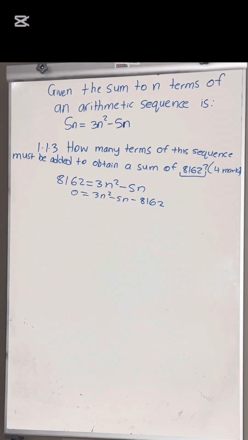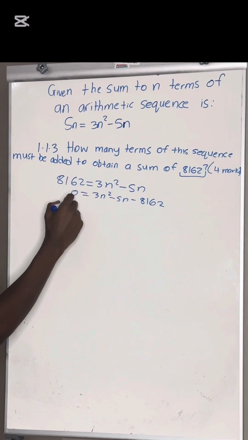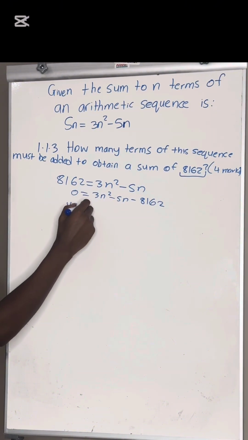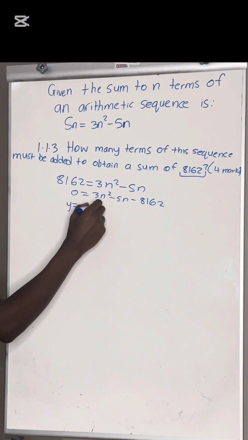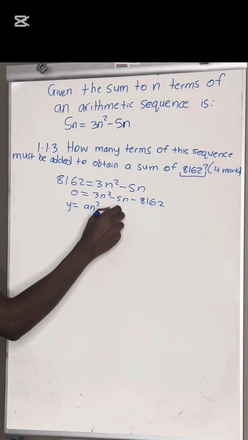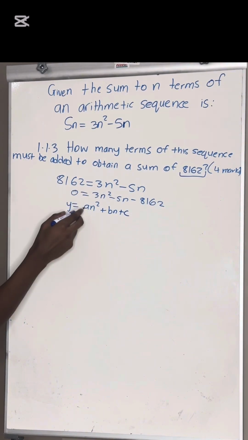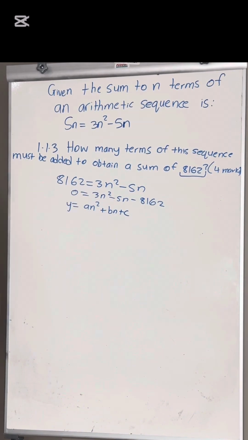Now this actually looks familiar. There's something which is called our quadratic expression or equation, and in the standard form it's y is equal to an squared plus bn plus c, or some say ax squared plus bx plus c.